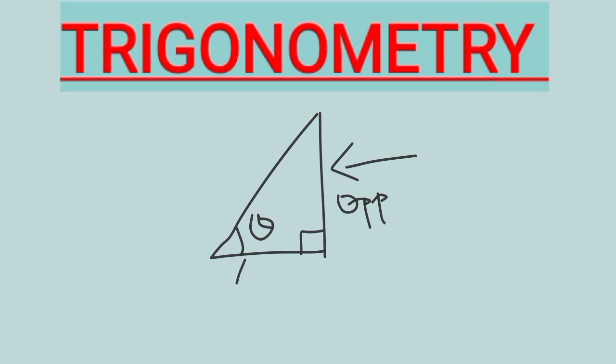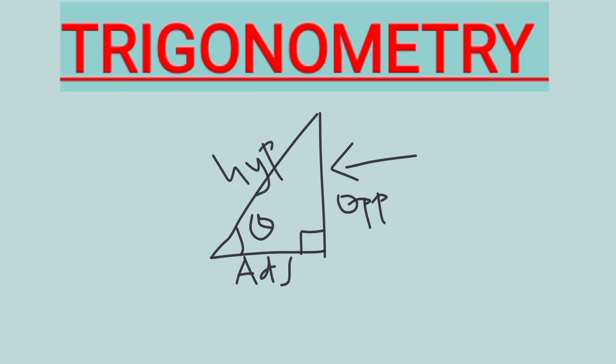And then this one is adjacent, because it is adjacent to this angle, which is our angle of interest. And then this longest side, we refer to it as the hypotenuse.